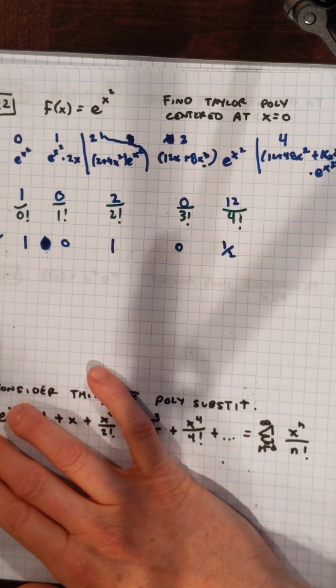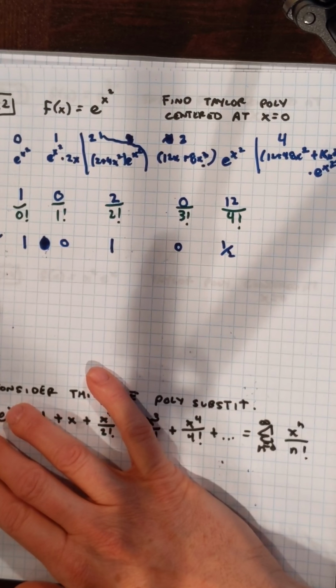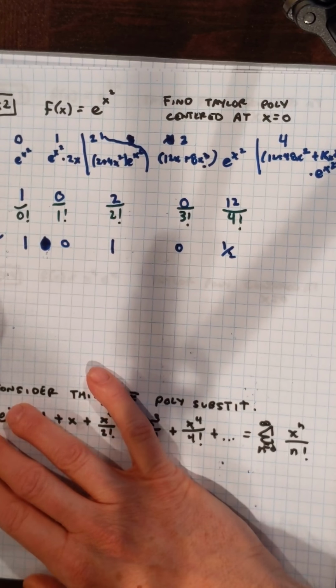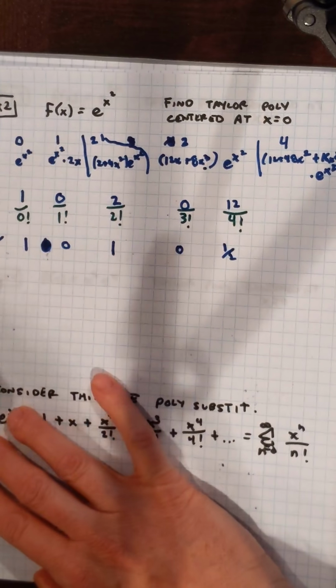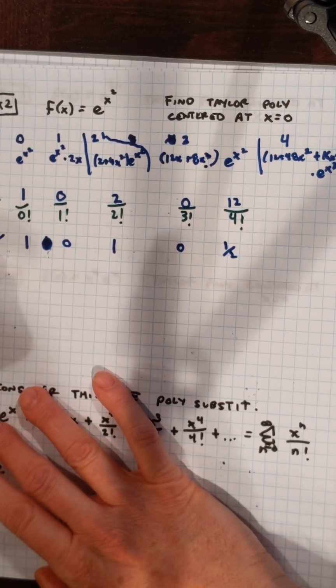All right? Now, once you have the derivative stage and you've got it at the center, which is at 0, you create your coefficient by dividing by the factorials. Now you can create the polynomial.